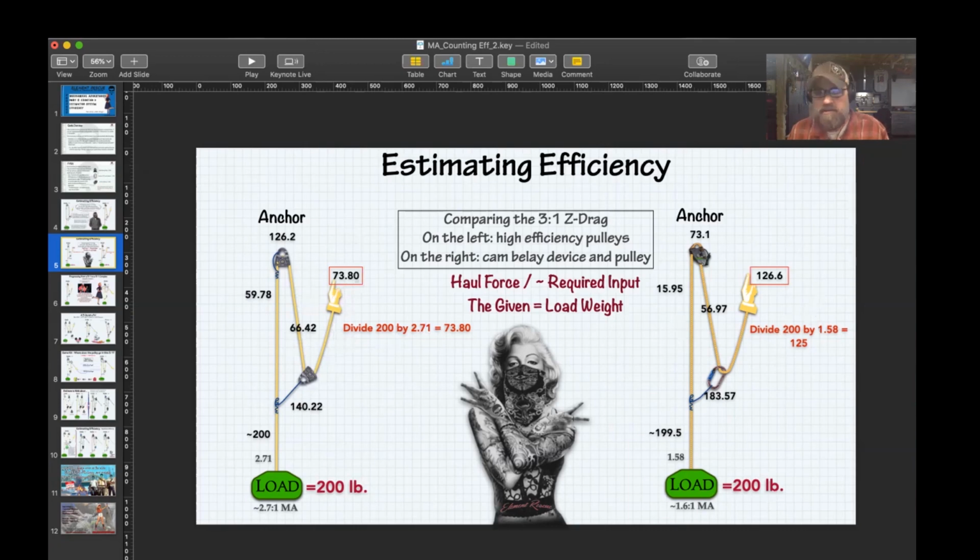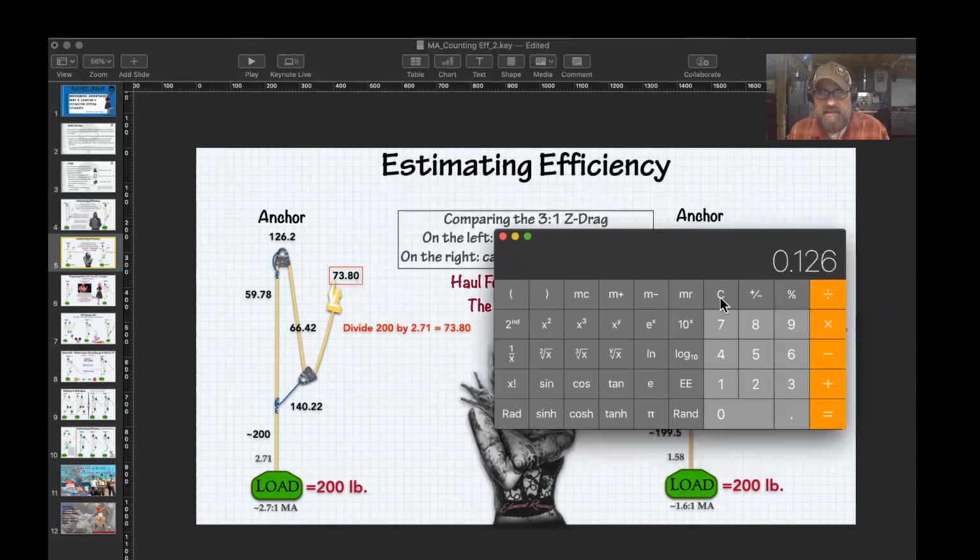And I'll bring the calculator over here just so you can kind of see that. So as we said before, just to start from the beginning, we take 200, we divide that out by what our estimated MA is going to be once we count efficiencies, which is 2.7. And from there, we get our 74 pounds.